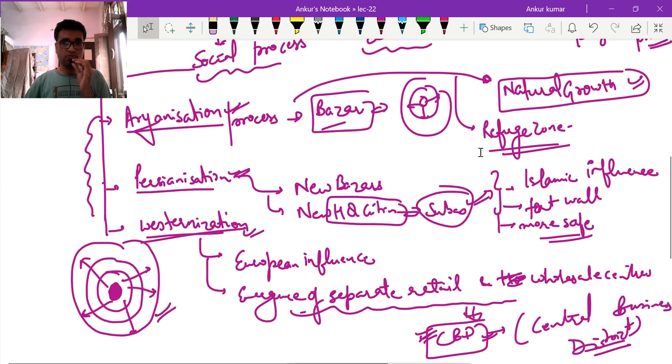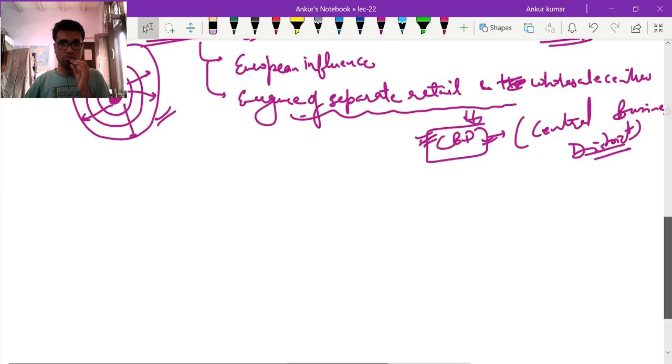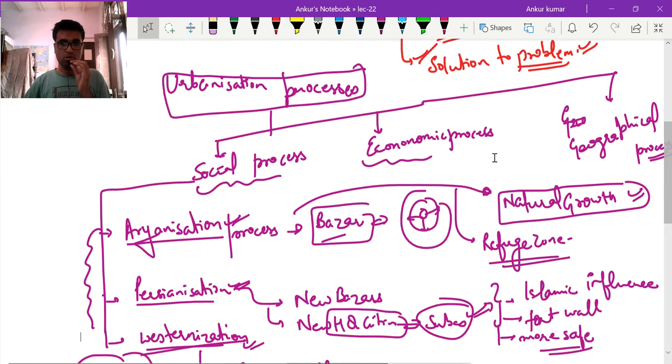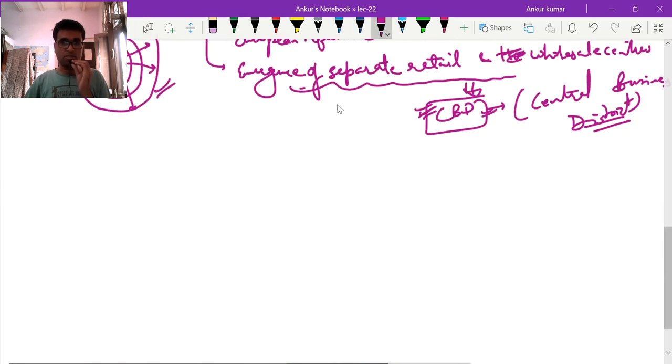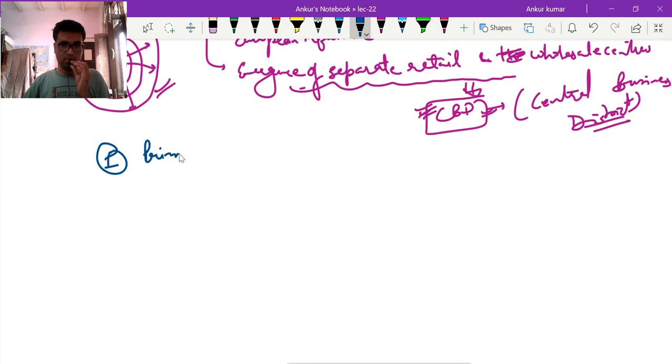The next process of urbanization that we said was the economic process of urbanization. We will discuss the economic process again in three parts. Number one is the primary occupation based cities.